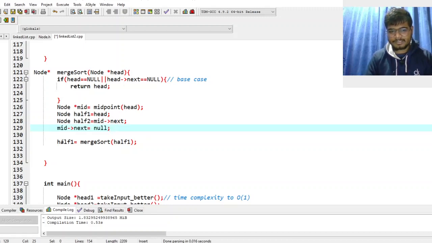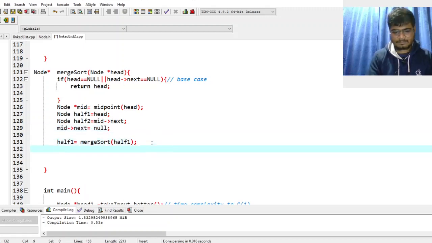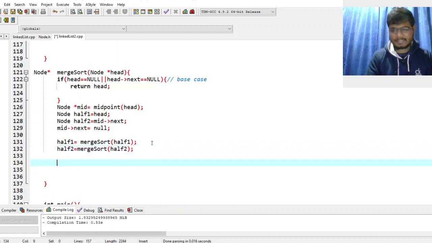After we did these things, we'll call the merge sort on both the halves. It means you just go and sort your elements and find the answer. Let me complete the code and I'll explain what we are doing. At the end we can assume that we are getting the answers.